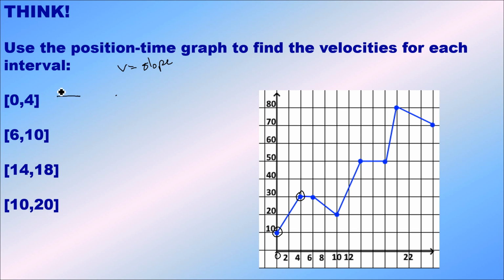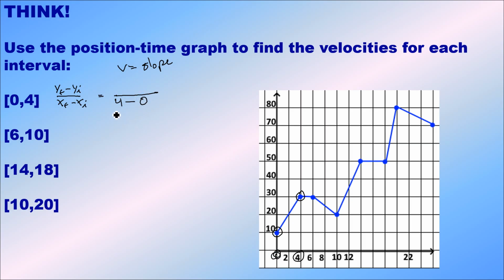So my formula says y final minus y initial over x final minus x initial. And I'll just go ahead, write an equal sign, and figure that out. Well, x final would be the second time. So the second time is time 4. So that's 4, minus our first time, which is time 0.